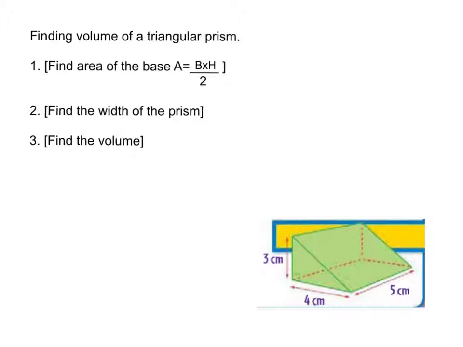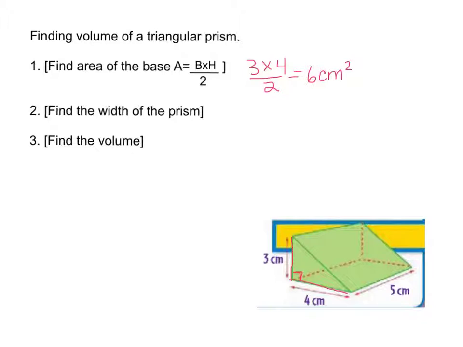So let's go ahead and try it. The area of the base times the height. Here is our 90-degree angle, so our base will be 4 and our height will be 3. So we're going to have 3 times 4 divided by 2, which will give us 6 centimeters squared because we're finding area.